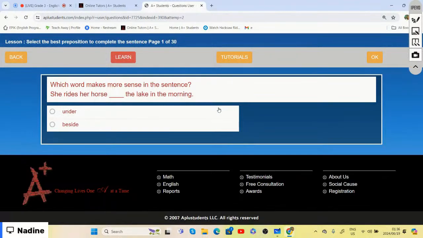It says, she rides her horse. Do we say under the lake in the morning or beside the lake in the morning?